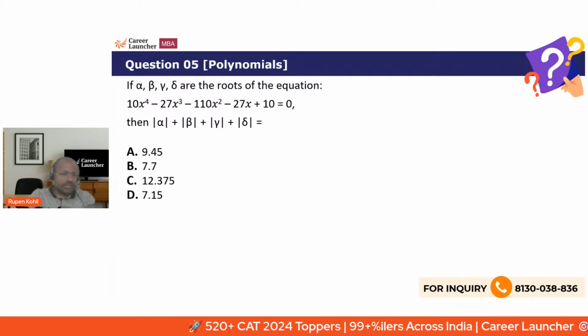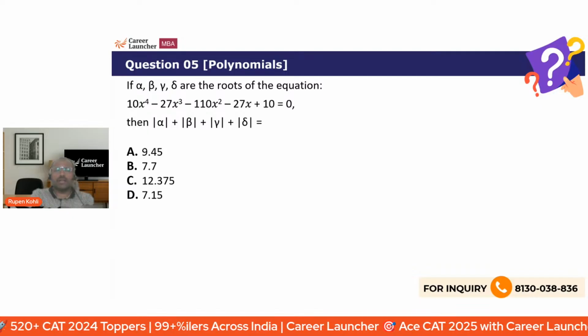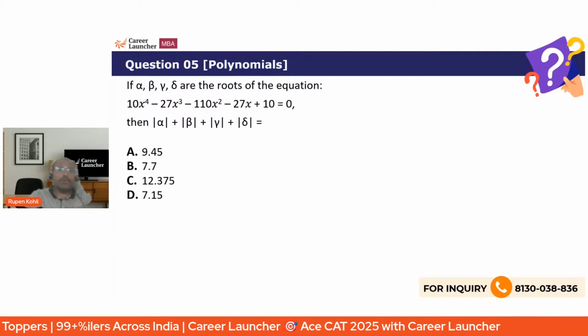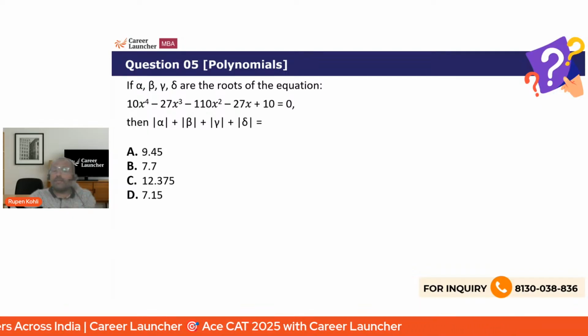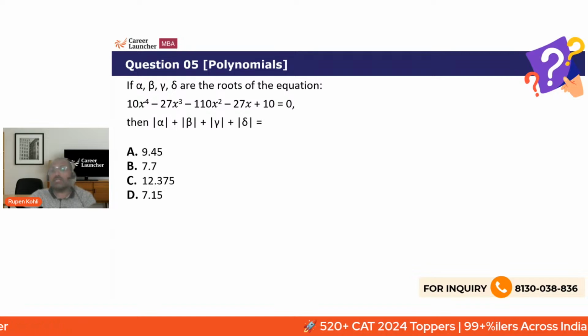So I brought a retro question, a fourth degree polynomial. We have not seen such a question in quite many years, but it's a bit of a hardcore question on algebra, and I think we should brush up our concepts around it.